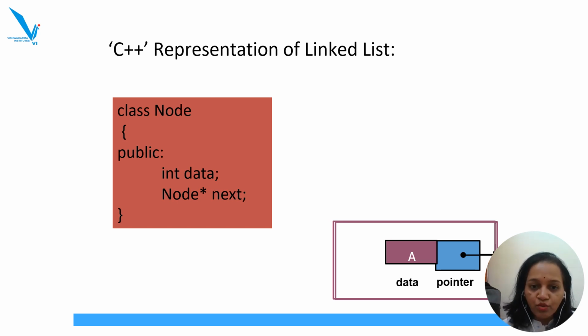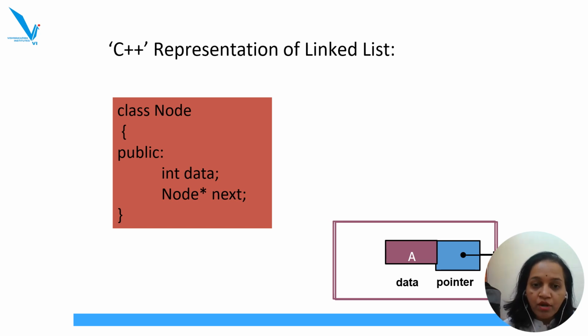So in class node I will create a public section, and there I will declare the first part, that is int data. The second part is a special one. It contains the address of the next node, and we know if we are going to store an address, that field is a special field and we have to declare it as a pointer, right?